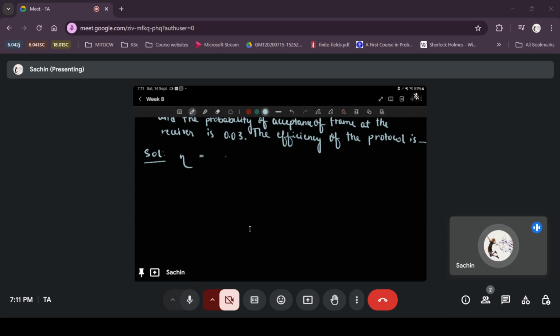So for stop and wait, it's k by n into p over 1 plus beta. This is 11 by 15 into 0.03 by 1 plus 0.1. 0.03 divided by 1.1 into 11 divided by 15, which is 0.02.